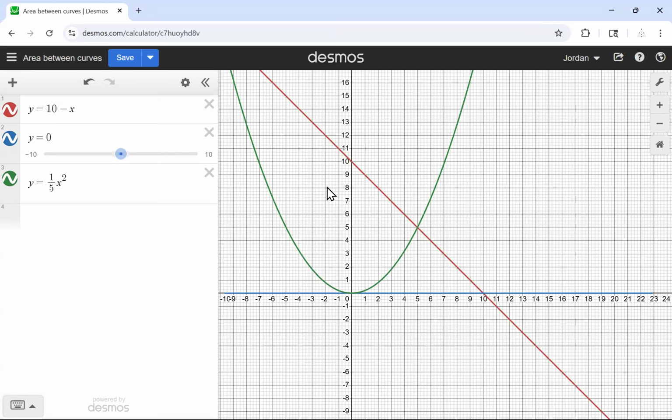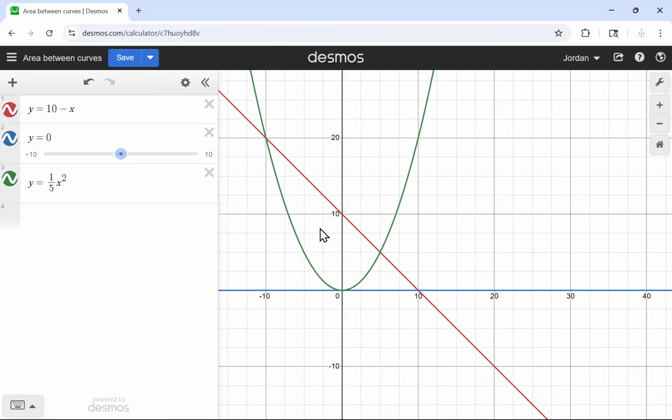That's not what we're looking at. In fact, if you notice, there's a couple of closed bounded regions in this graph. One of them is here, even if I don't use the y-axis. That goes from y equals 10 minus x down to the parabola.